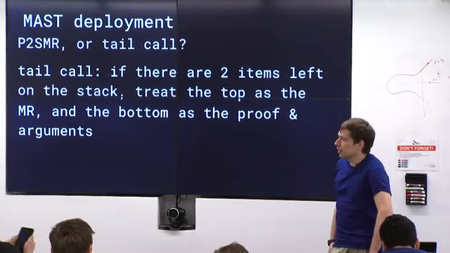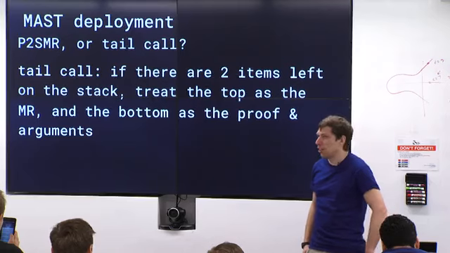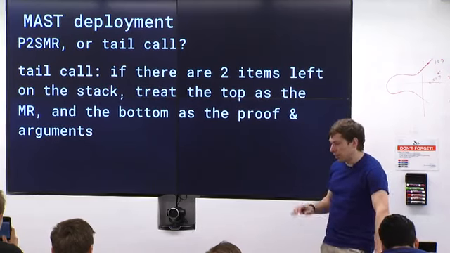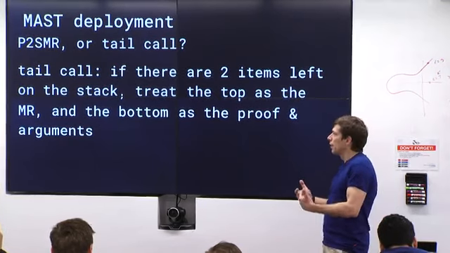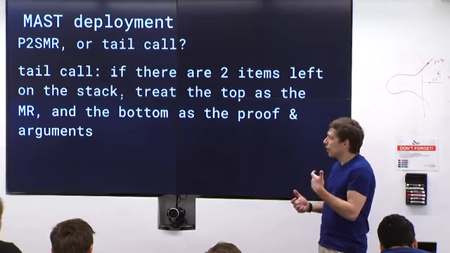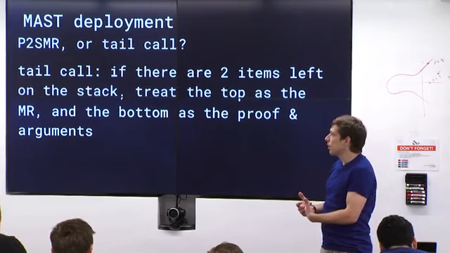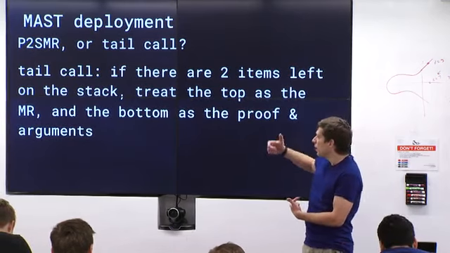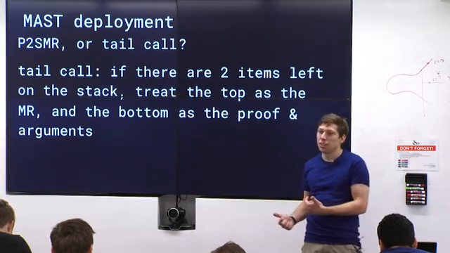Another way, which is kind of cool, and people were talking about it recently, is this tail call recursion looking thing, where the idea is if you evaluate your script, and then there's two items left on the stack at the end, one of these items, the bottom one, is a Merkle root, and then the other item on the stack is the proof and arguments for another script.